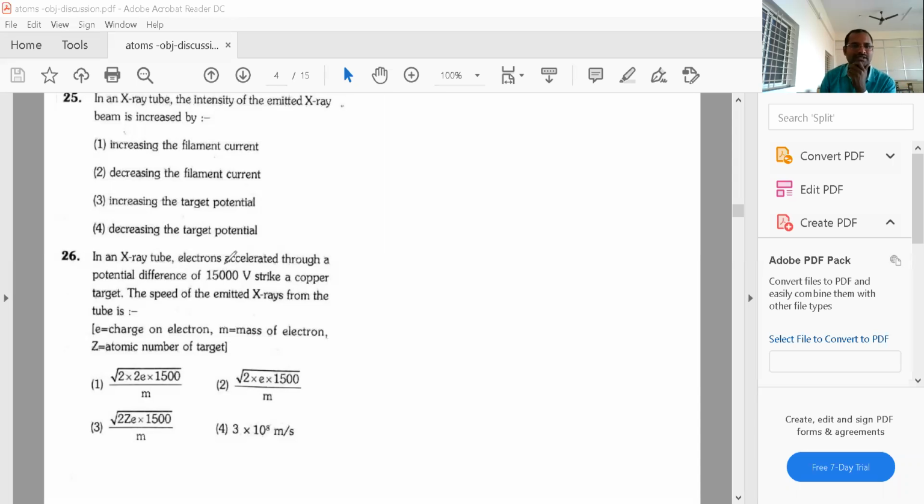In an X-ray tube, electrons accelerated through a potential difference of 15,000 volt strike a target. What is the speed of the emitted X-rays from the tube? These are X-rays, which are nothing but electromagnetic waves.